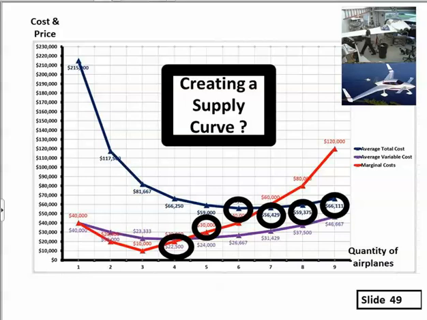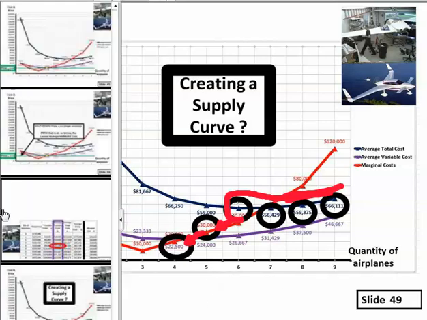If we start off with the average total costs over here, and then once we get to the lowest average total cost, we would still produce somewhat based on our average variable cost until we get down to our shutdown price.